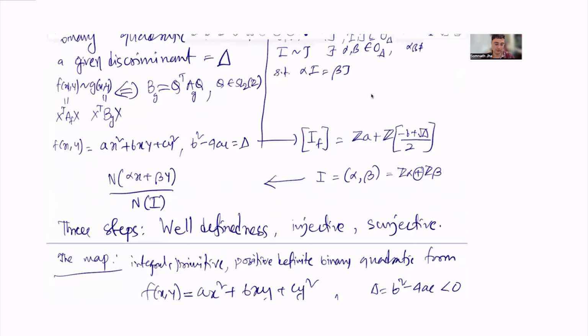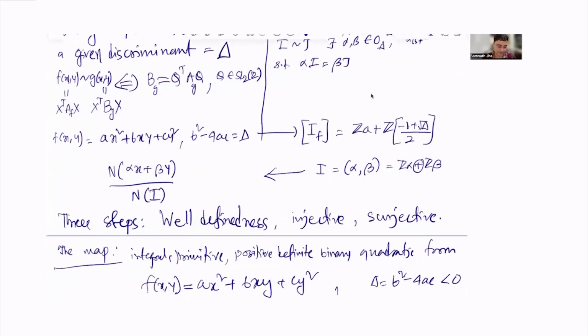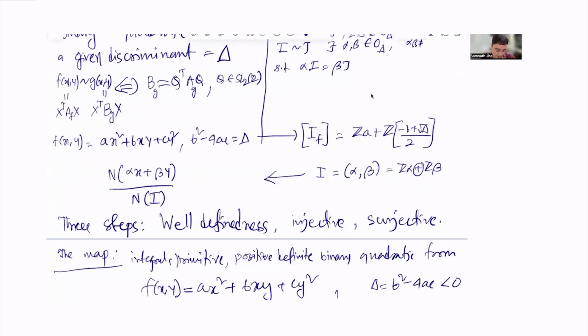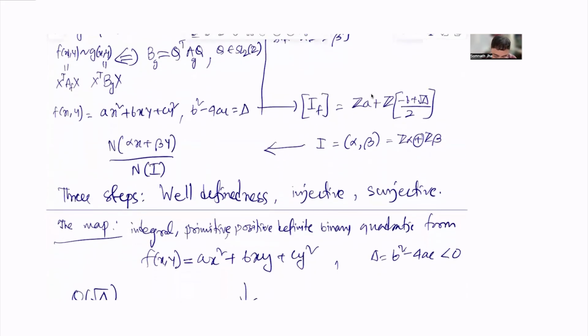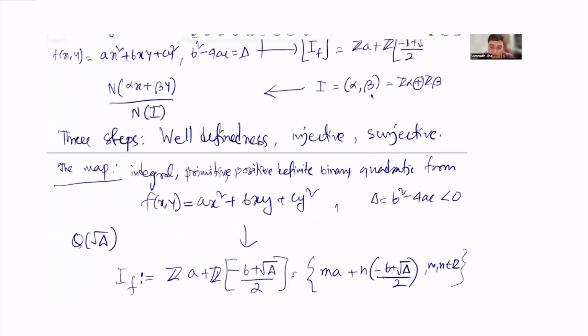Okay, so let me go through the precise detail now. First of all, let us define the map again. I briefly outlined it. On an integral primitive positive definite binary quadratic form f(x,y) equals a x square plus bxy plus c y square, with discriminant delta equal to b square minus 4ac negative, you take Q adjoin root delta.